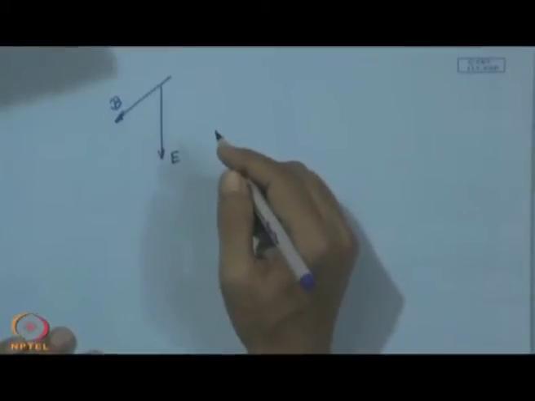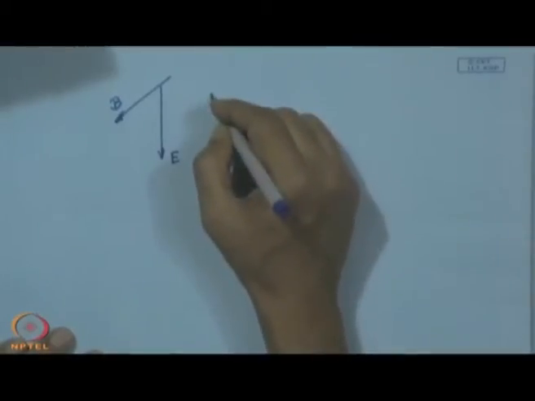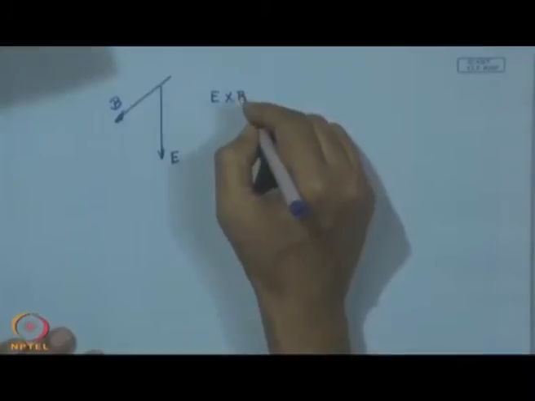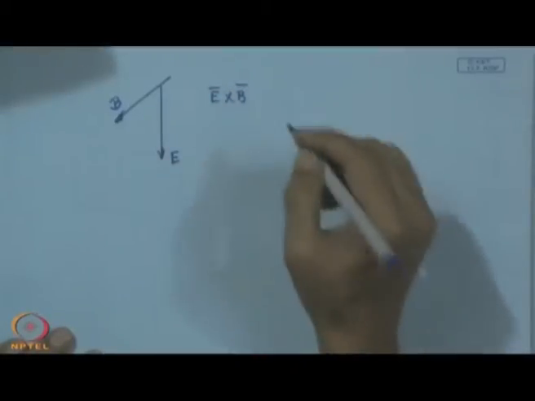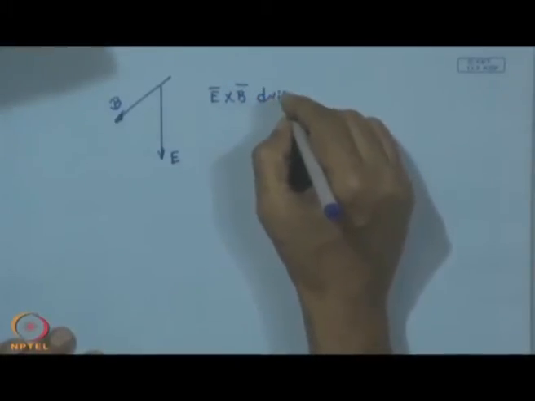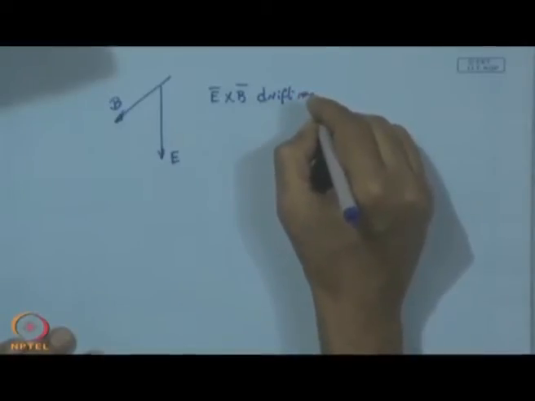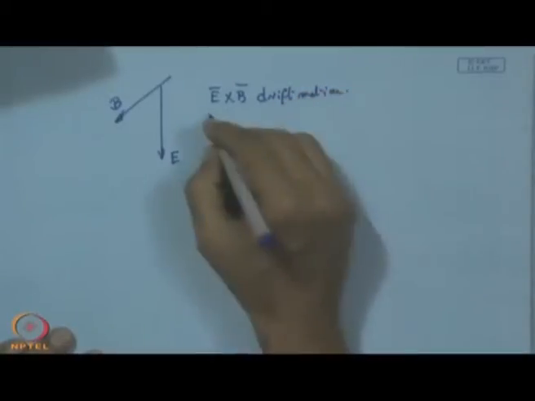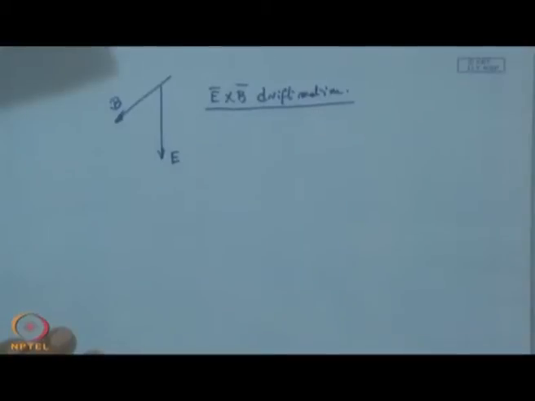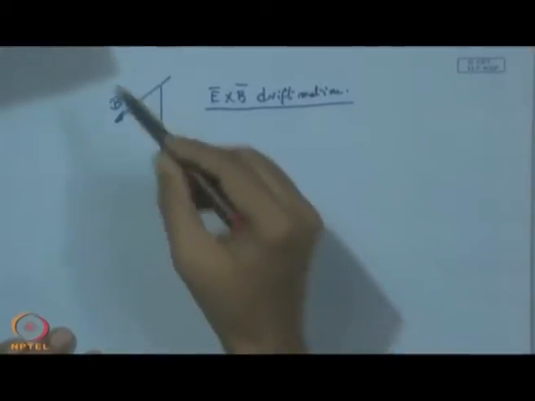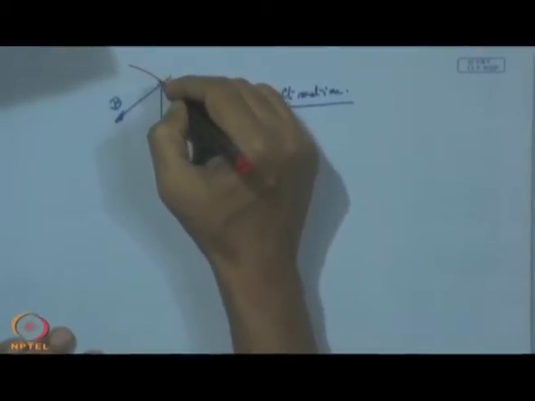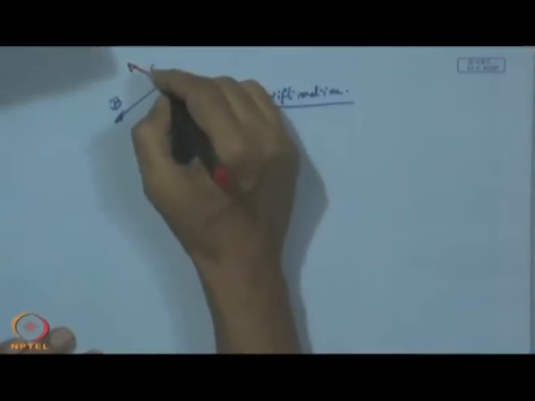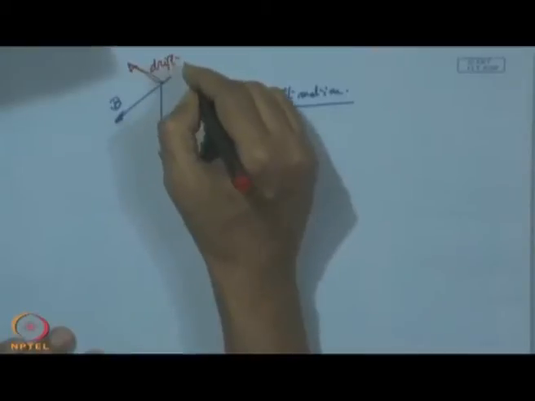Then there will be a motion called E cross B drift motion, it is the cross product. With this drift motion, the charged particle will have a velocity in this E cross B direction. That will be the E cross B drift motion.